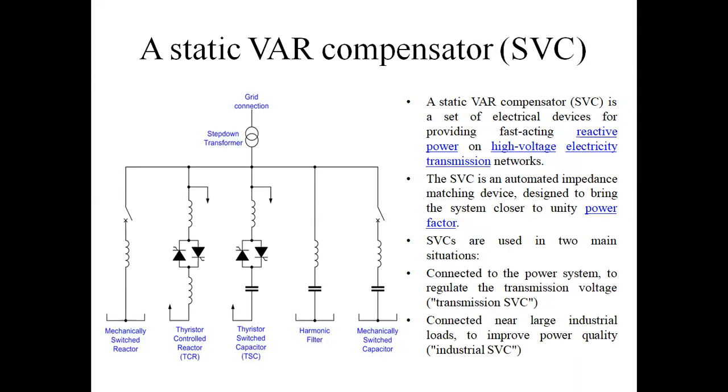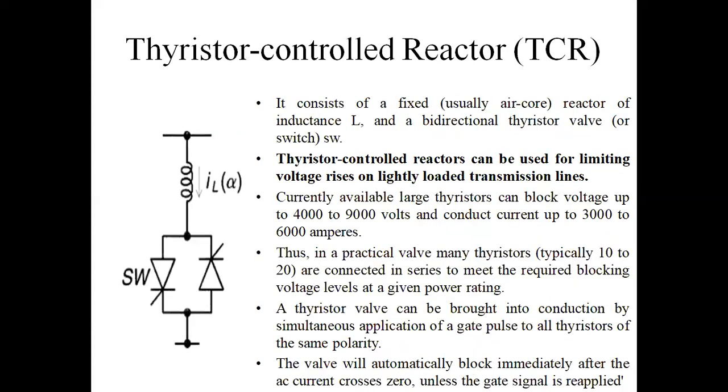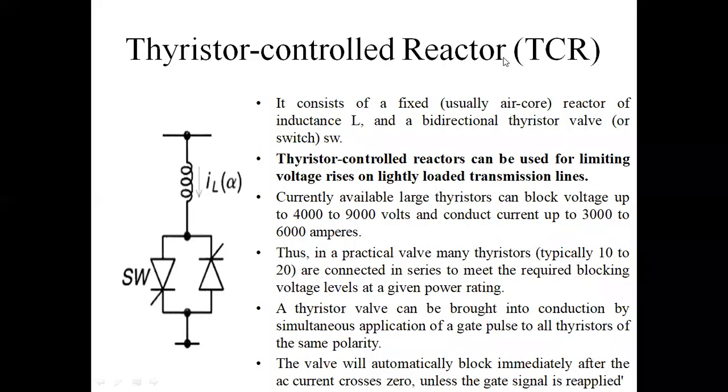Next, this is the thyristor-controlled reactor circuit diagram. It has two switches, switch 1 and switch 2, connected in anti-parallel, in series with one inductor.